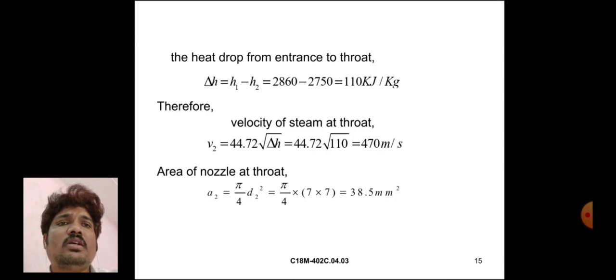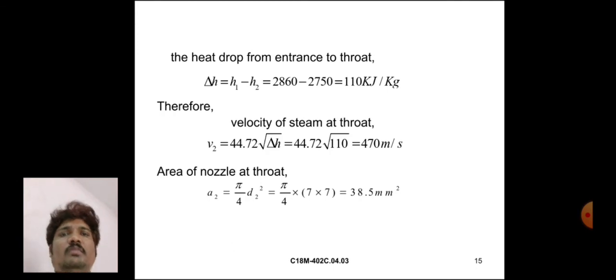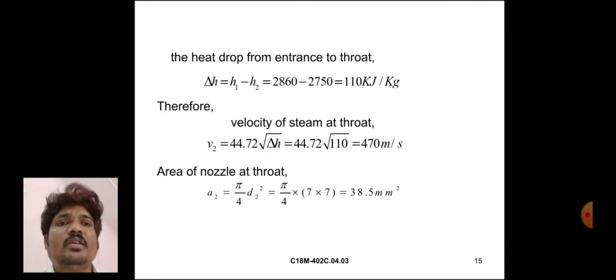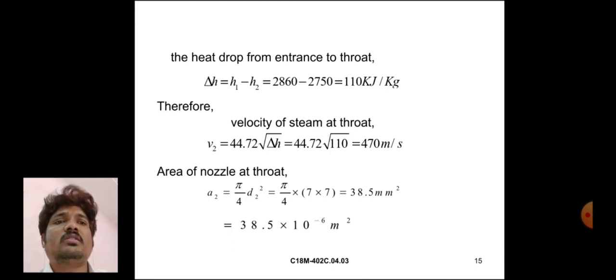This is the area of the nozzle at the throat position. The 38.5 mm square is converted to 10 power minus 6 meter square.